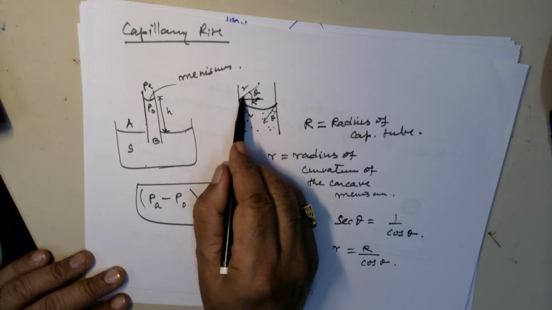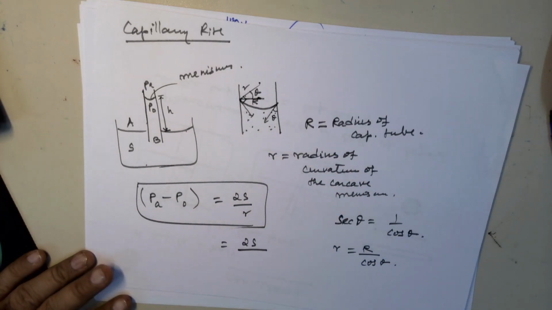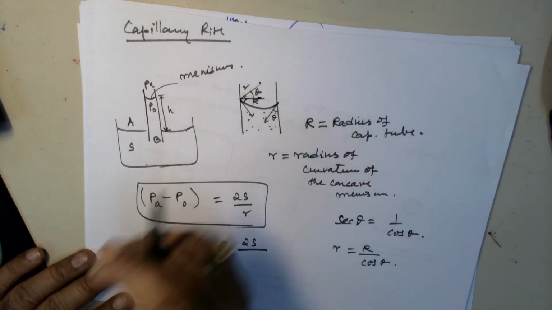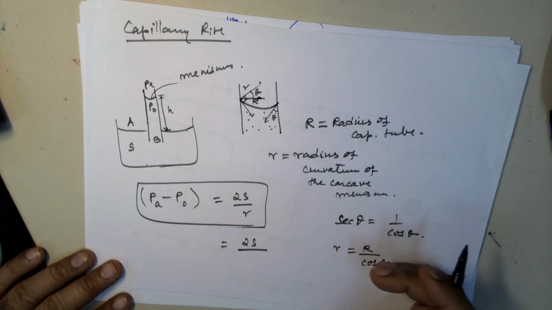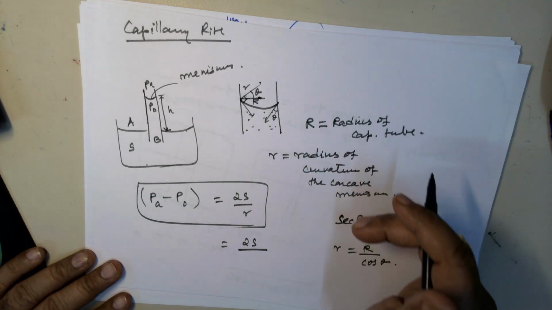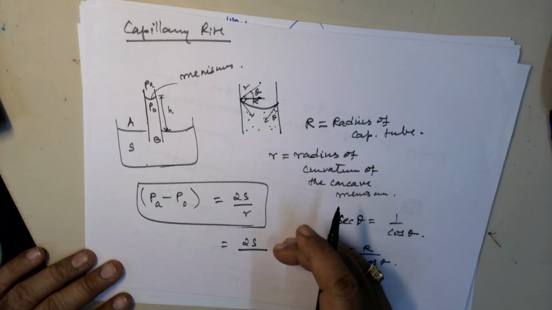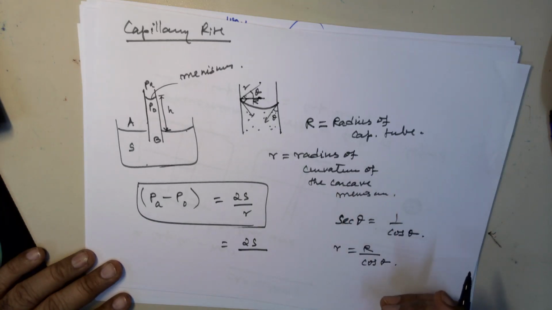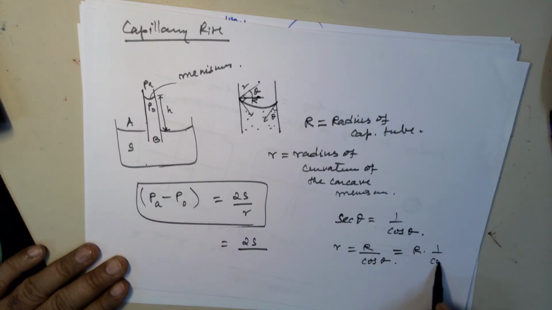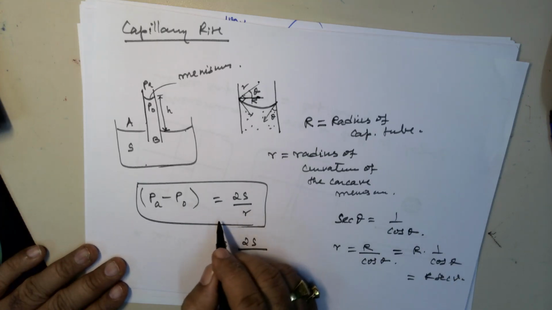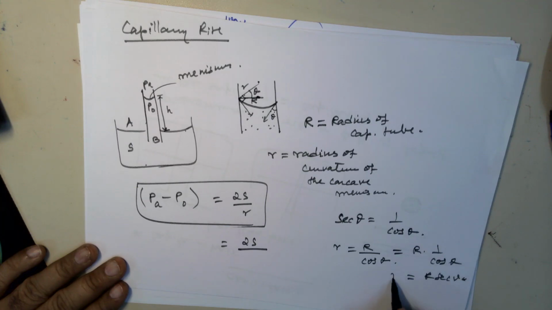So based on that, you can work out the adjacent angle. That is nothing but cos theta is equal to R divided by r. Therefore, small r is equal to R divided by cos theta, and 1 by this can be interpreted as R into 1 by cos theta. It means R secant theta. So I can replace this r by R secant theta.